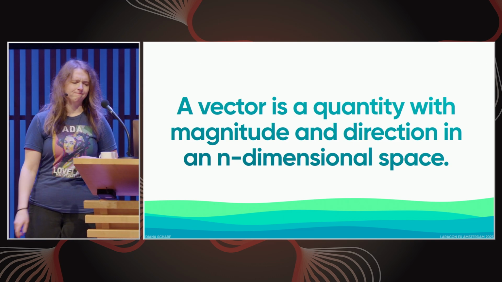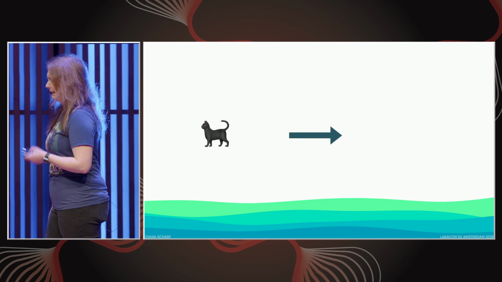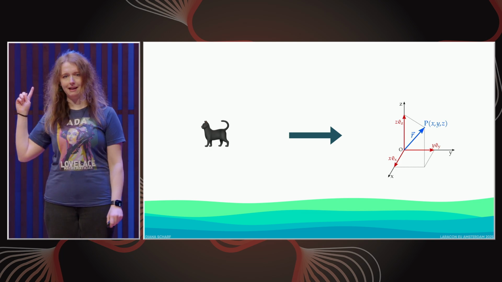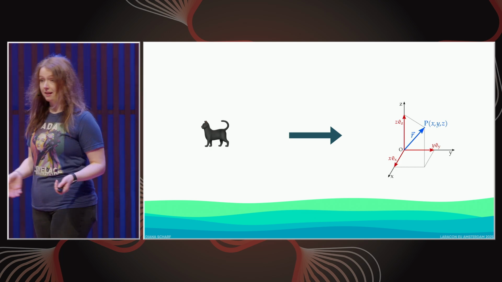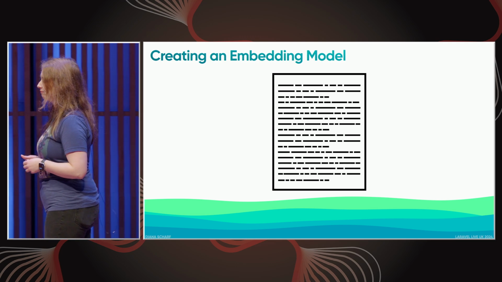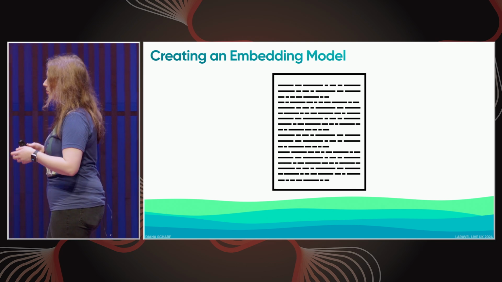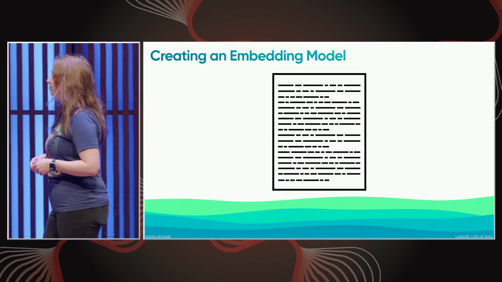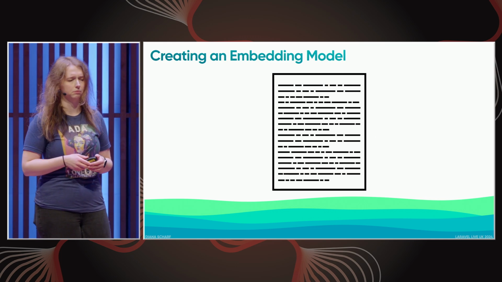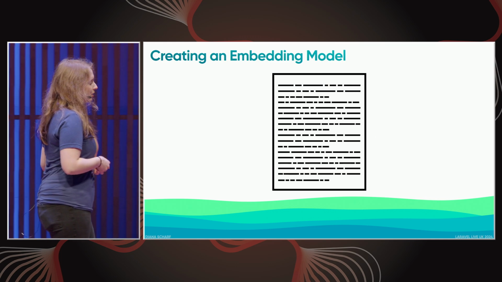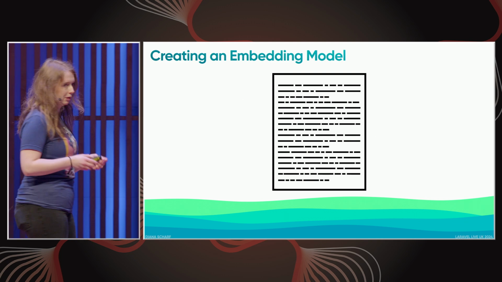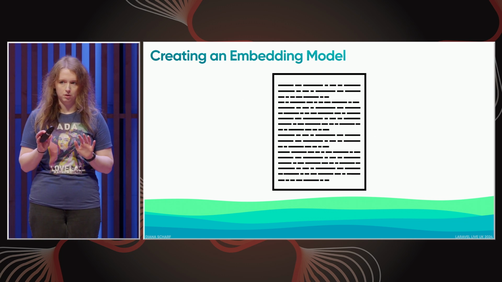So, how do we go from cats to something like that? For that, we need an embedding model. And there are a lot of embedding models out there. For example, OpenAI has 3. To create an embedding model, we will not go into detail because we are at LARACON.